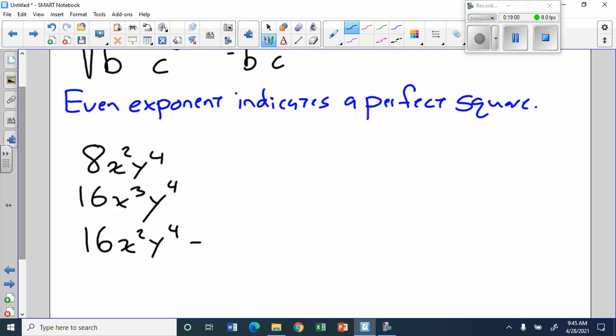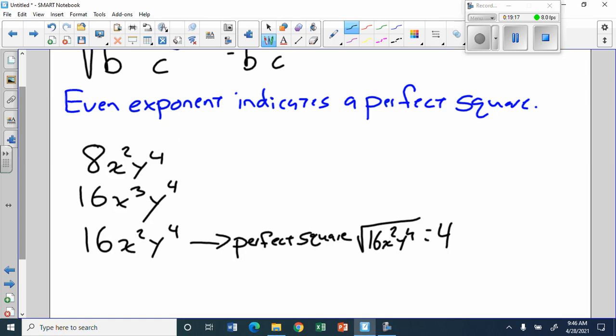Yeah, this is the only perfect square. So the square root of 16x squared y to the 4th becomes, what's the square root of 16? Square root of x squared is? Square root of y to the 4th is? Y squared. That becomes the square root.